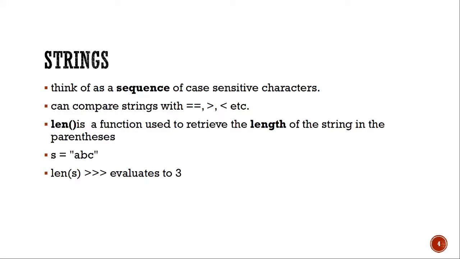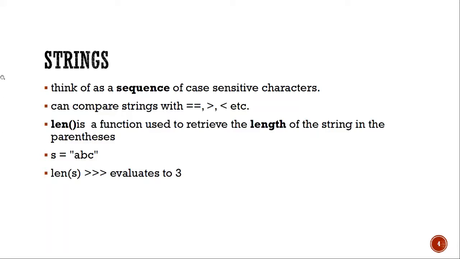So starting off with strings, as we mentioned in last week's presentation, a string is a sequence of case-sensitive characters that we can actually compare using regular comparison operators such as equal, less than, greater than, and so on. One of the most important commands that can be applied to a string variable is the length.